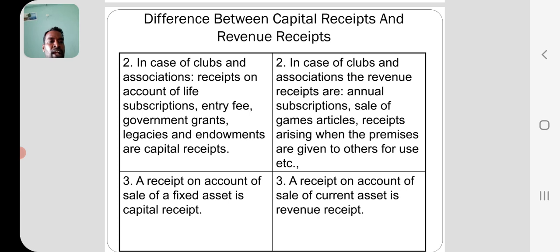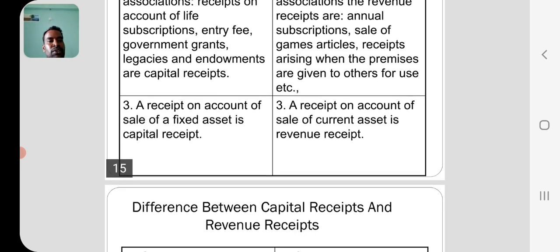The revenue receipts are annual subscriptions, sale of games, articles, and receipts arising when the premises are given to others for particular use.